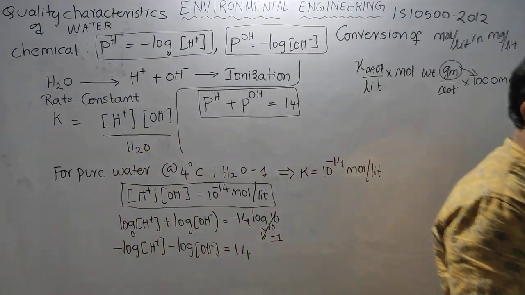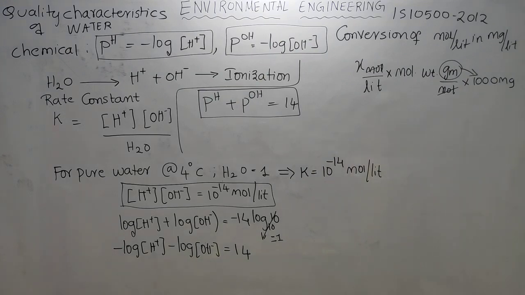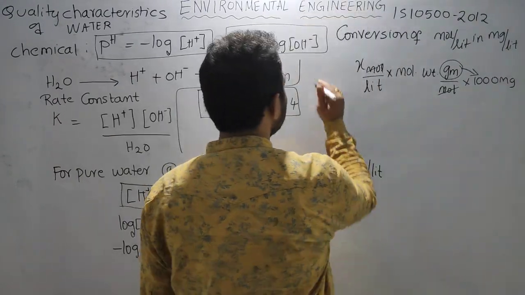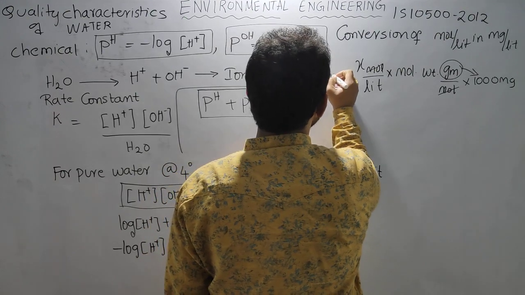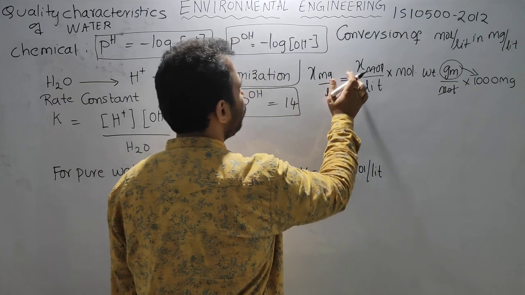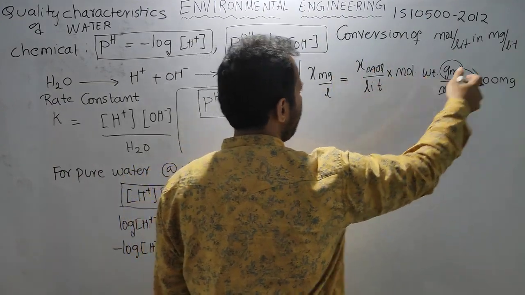So x mole per liter I am converting into mg per liter simply by multiplying it with molecular weight. So x mg per liter is equal to x mole per liter into molecular weight into 1000.